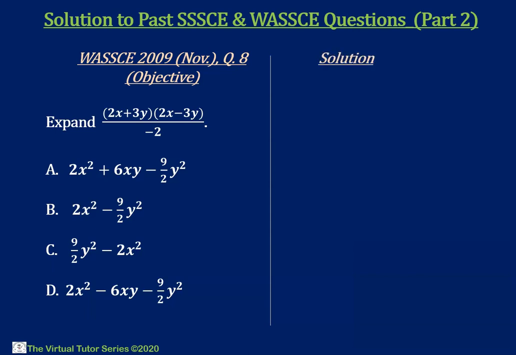We have the expression into bracket 2x plus 3y times into bracket 2x minus 3y all over -2. The numerator is a difference of two squares with the expanded form 4x squared minus 9y squared all over negative 2.